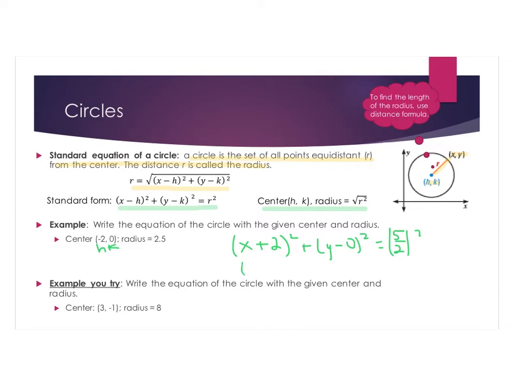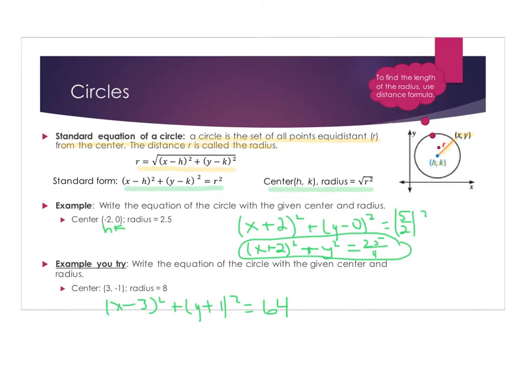So we simplify it. x plus 2 quantity squared plus y squared equals 25/4. And that's all you've got to do. Try the next one. Hopefully you found x minus 3 quantity squared plus y plus 1 quantity squared equals 64.